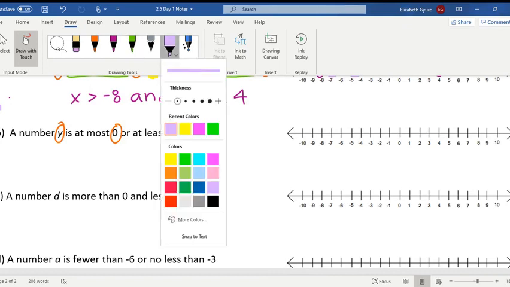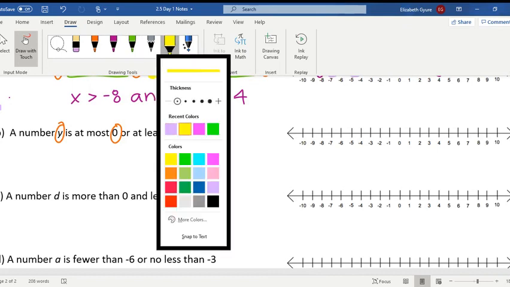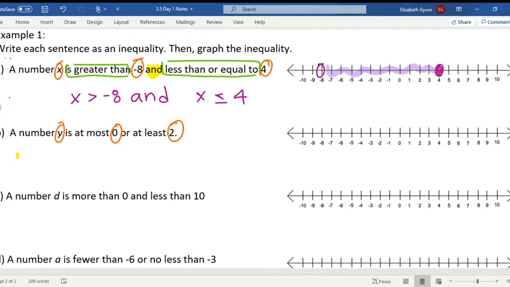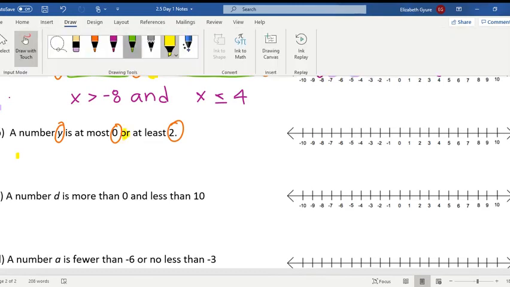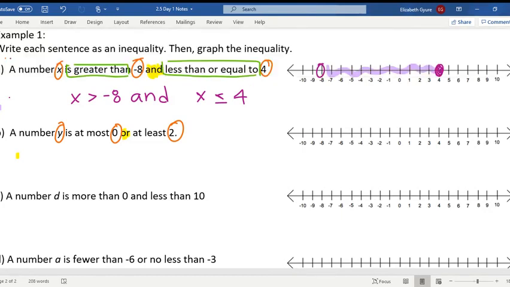You could go ahead and identify your or if you wanted to, because it says here y is at most 0 or at least 2. And then what are my important math action words here? At most and at least. Good. Okay. So we've annotated.